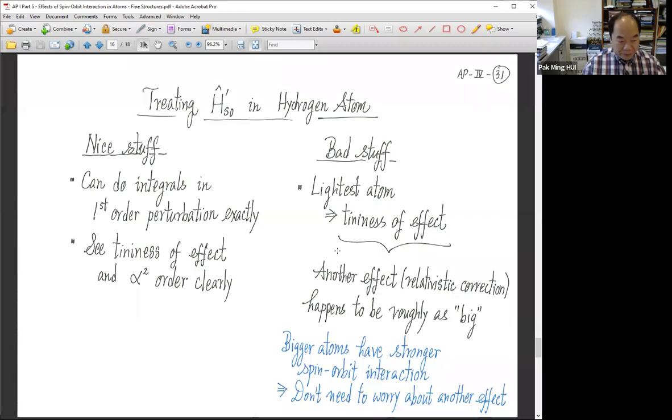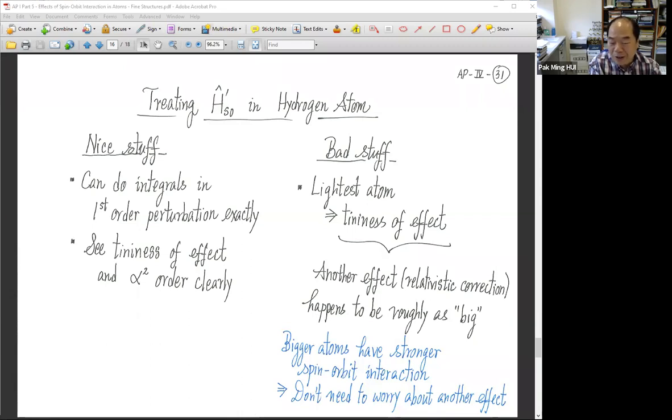In a sample question last week, the TA worked out another effect for you, which is the relativistic correction.